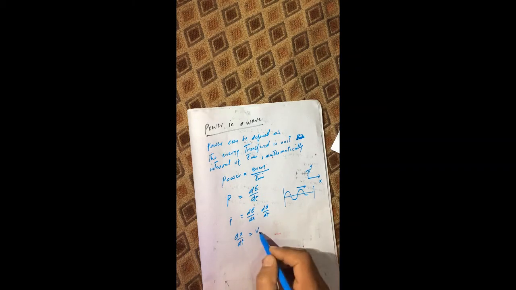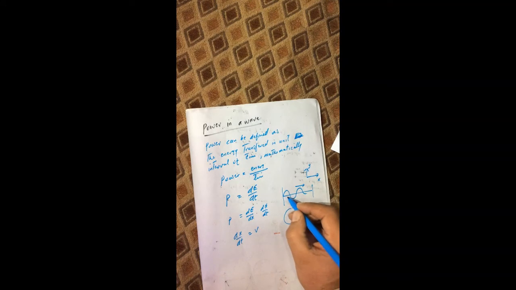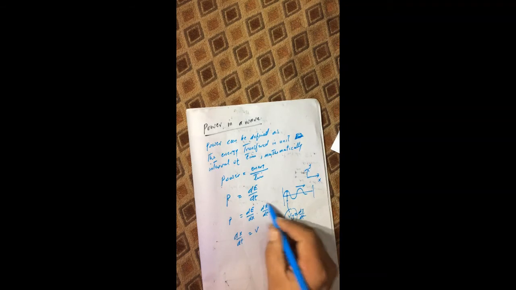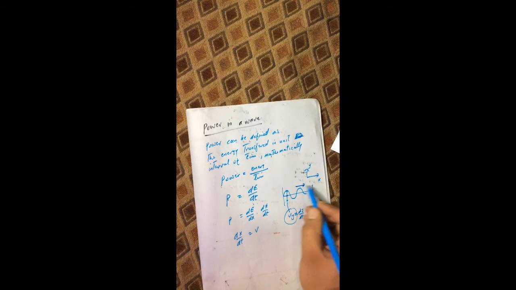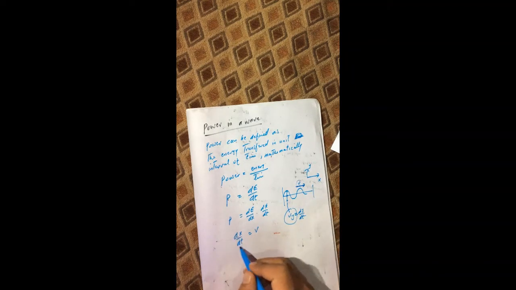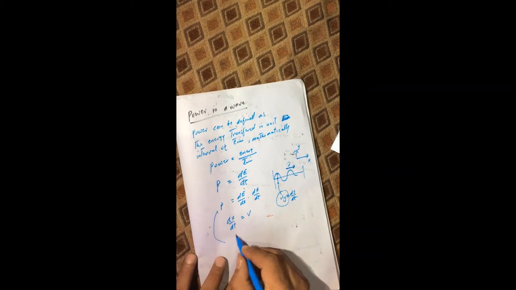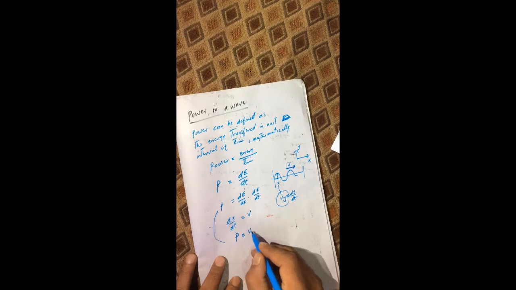So we can replace this dx by dt by this v, not by vy. Vy is basically the velocity of the particle, and the particle is always moving up and down. So its velocity is vy, which is equal to dy over dt. But here dx over dt is the velocity of the wave, traveling in the x direction. So this equation can be written as power P is equal to v times dE over dx.